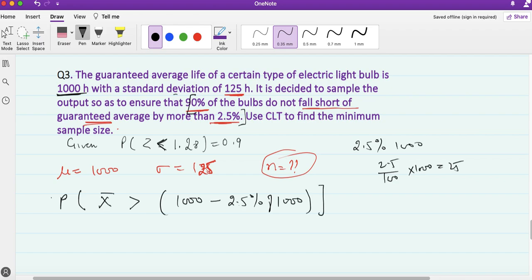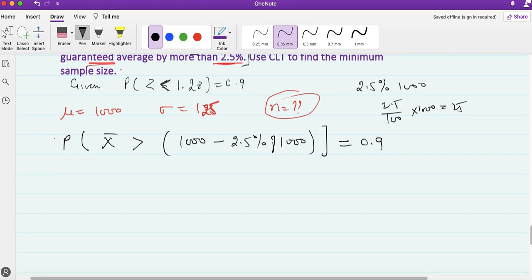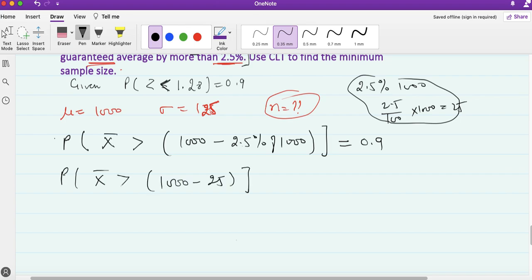It should be 0.9. We have just seen that 2.5% of that is 25. It means the probability of x bar greater than 975 must be equal to 0.9. 90% means 0.9.